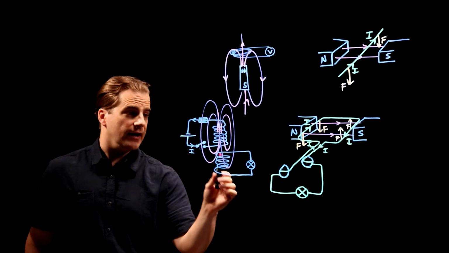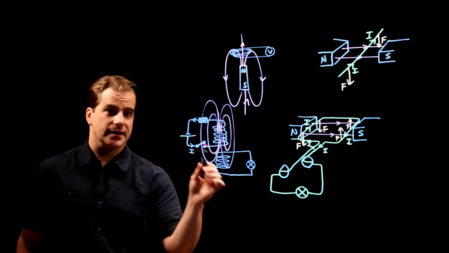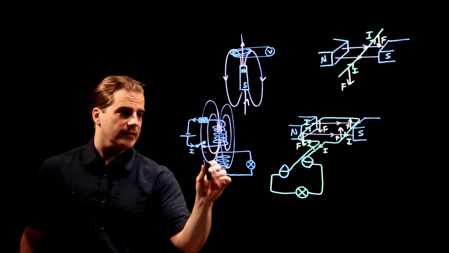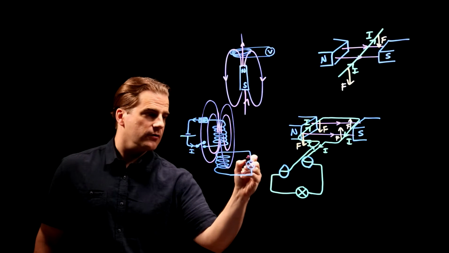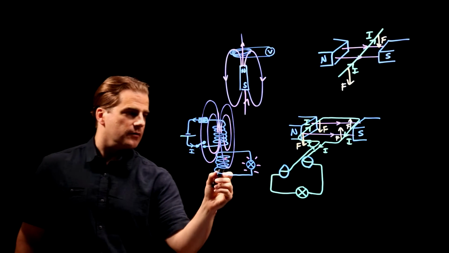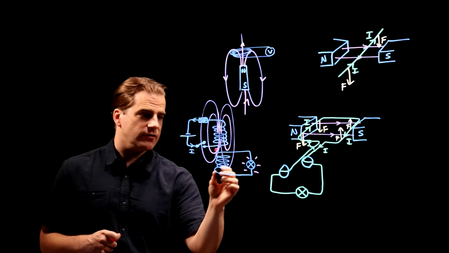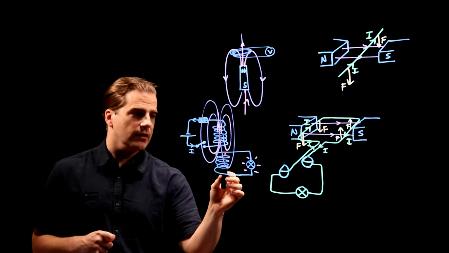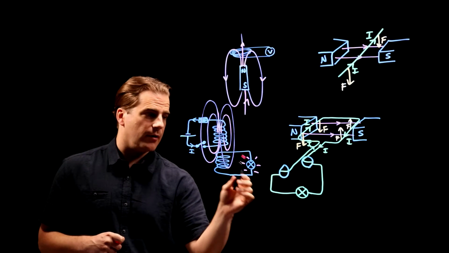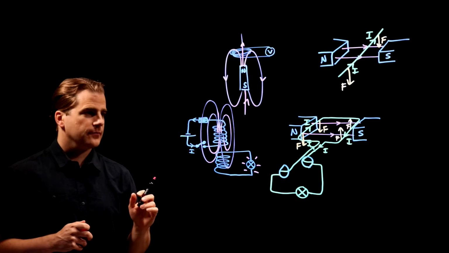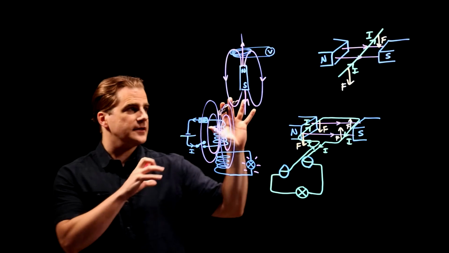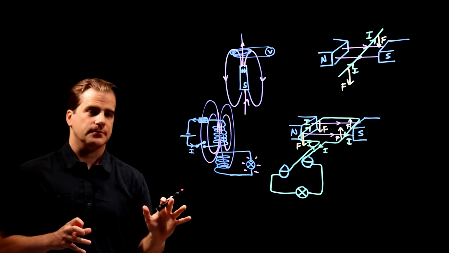And so it has experienced a changing magnetic field. And therefore, the changing magnetic field induces a potential difference in the coil, and therefore current will flow, and therefore that bulb will light. Okay, so there's more than one way to achieve a changing magnetic field.